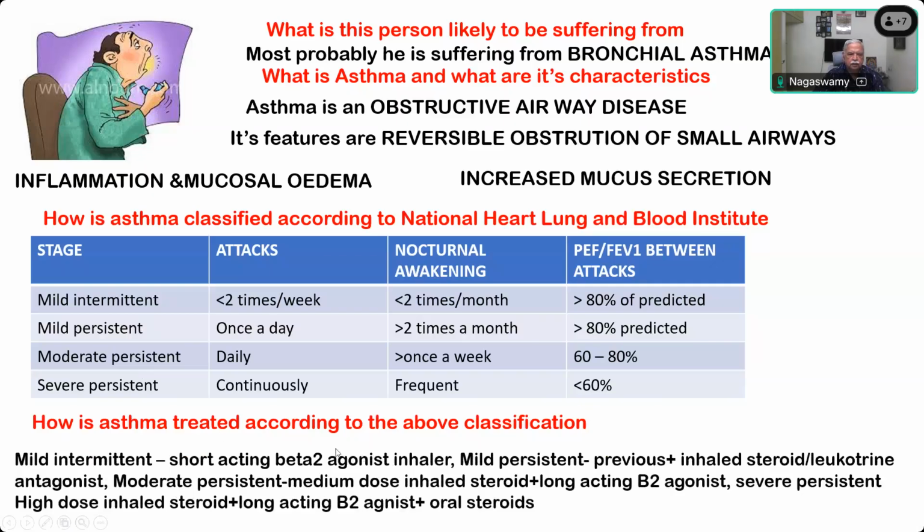Whereas once it becomes persistent, mild persistent, beta 2 agonist plus inhaled steroids or leukotriene antagonist, and moderate persistent, medium dose inhaled steroid, long acting beta 2 agonist, and severe persistent, high dose of inhaled steroid plus long acting beta 2 agonist and oral steroids also.